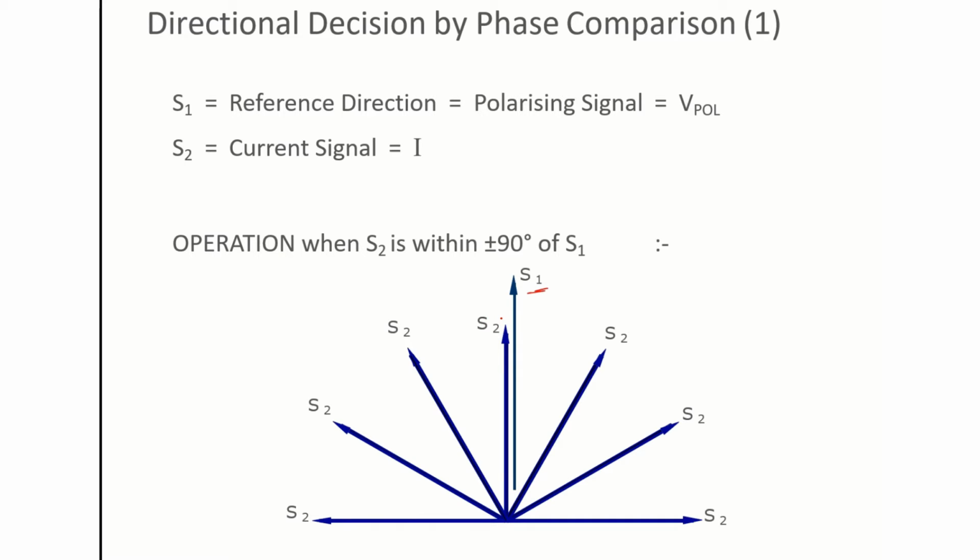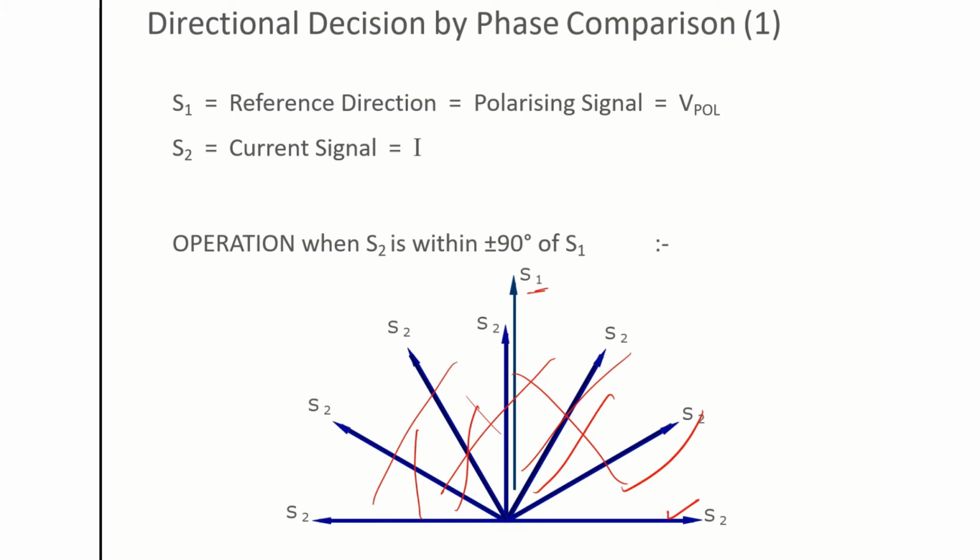Suppose S2 is also in the same direction, that means the direction of S2 is positive. But it is not possible that S2 is always in the same phase with respect to S1. S2 can be lagging S1 or leading S1. But as long as S2 is above this threshold, that is, as long as S2 is in this area, it is positive.